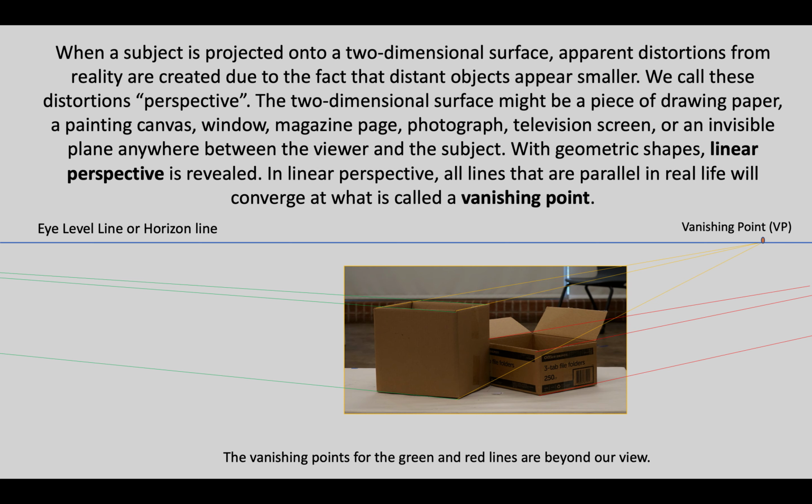First of all, linear perspective is what happens when you project any image of the real world onto a two-dimensional surface. A drawing, a painting, a television screen, a movie screen, an oil painting canvas, a watercolor sheet of paper, any of those two-dimensional surfaces.